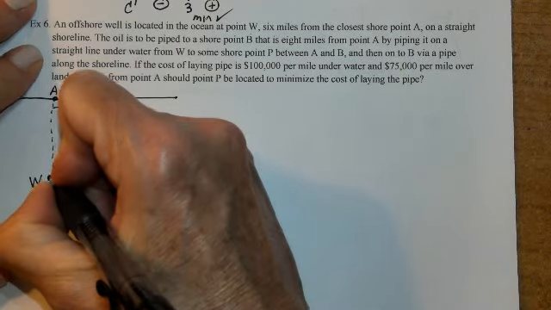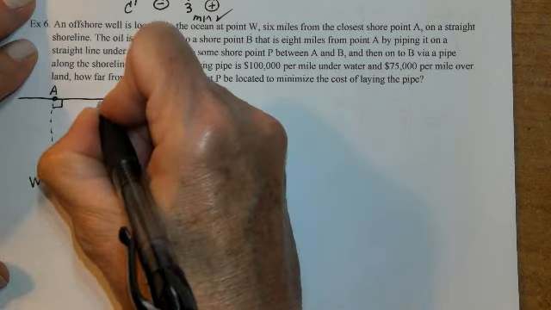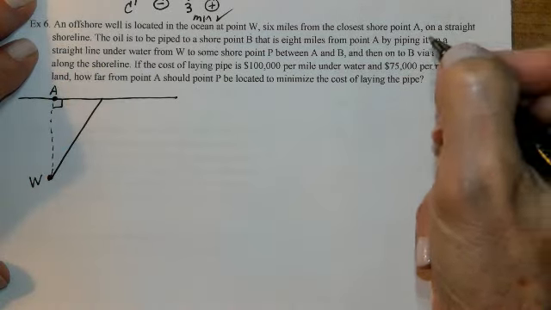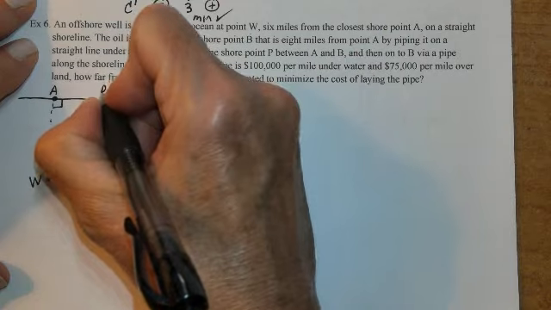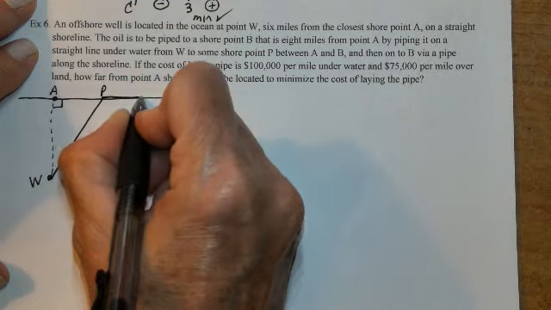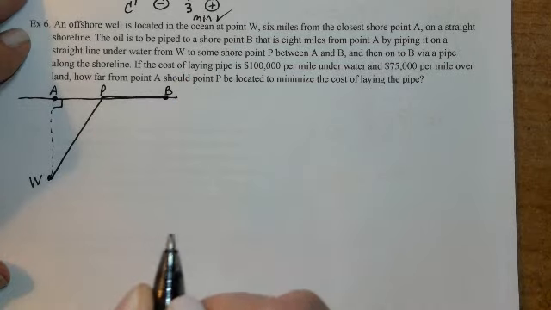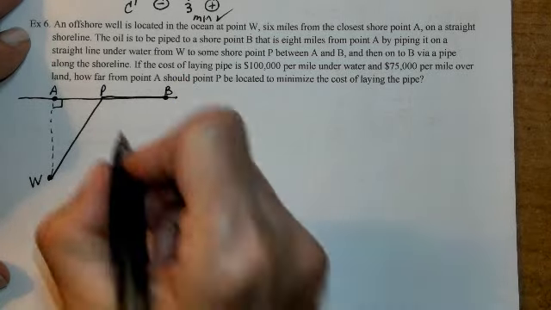So the pipe is going to come somewhere up under the water to P, and then once it gets to P, it'll be along the shoreline the rest of the way to B. Okay? So there's our pipe.